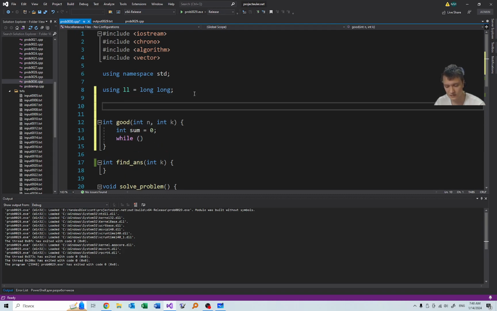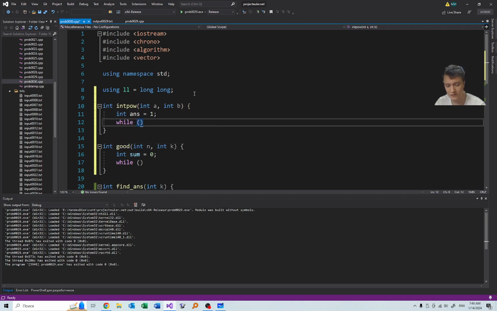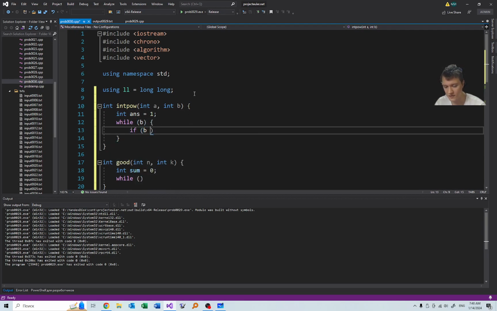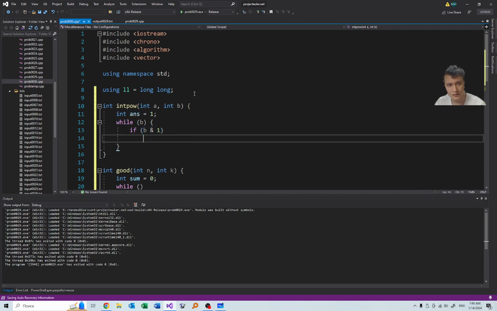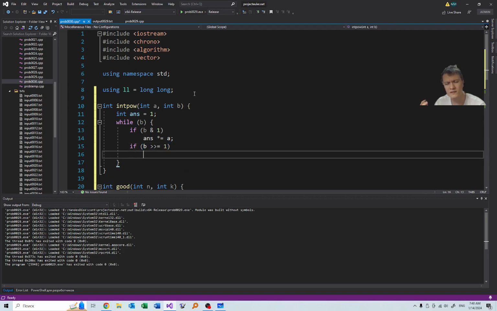let's also write int power of int a, int b, which is something like power mod. We have int ans is 1, while b, if b and 1, ans times equals a, and if b is divisible by 2, after dividing by 2 it is still big enough.